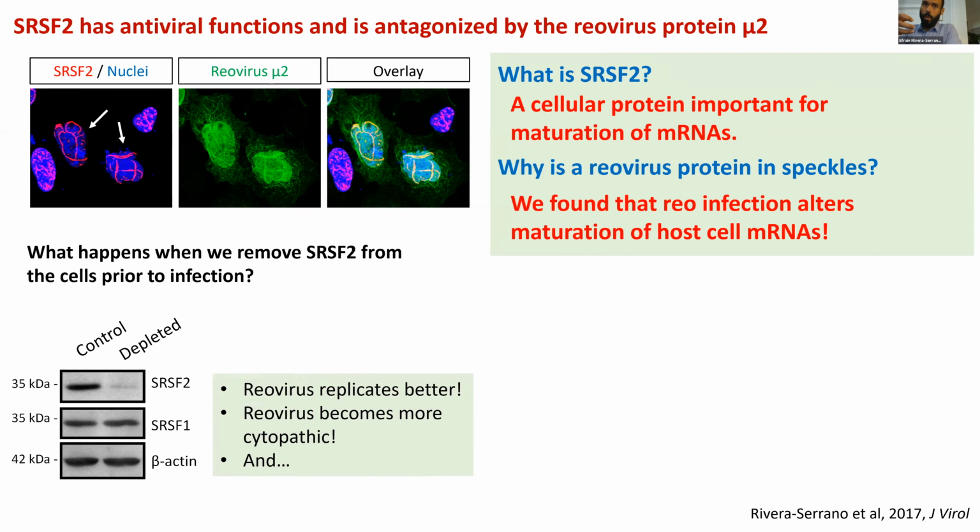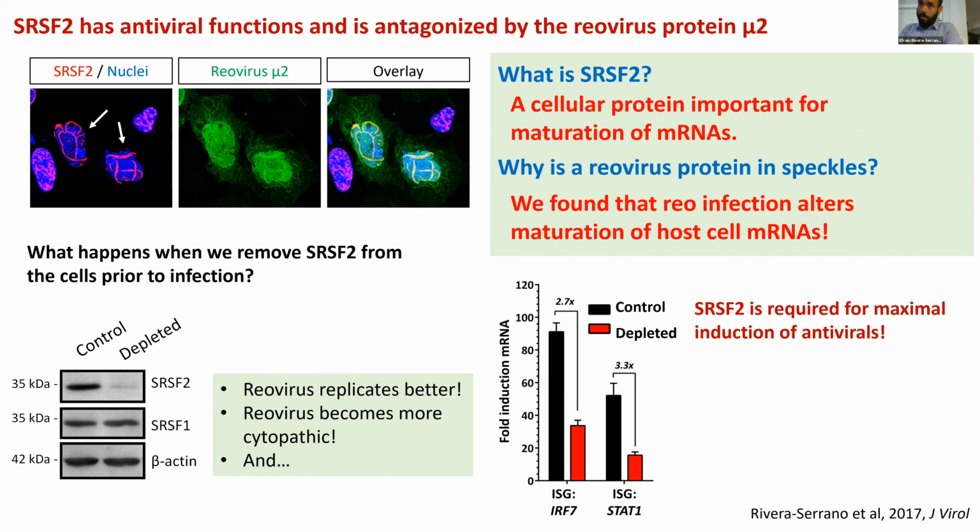So we identified this protein that our cells have that somehow is controlling viral infection. The virus is trying to get it out of its regular function, but even if you deplete it, then the virus can do so much better. So this cellular factor has some antiviral functions.